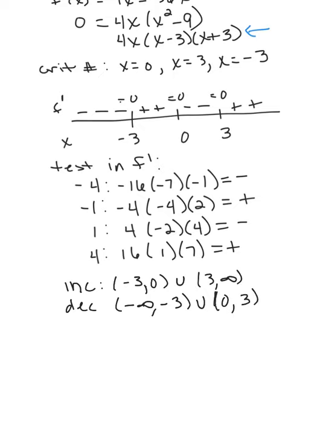And as far as maxes and mins, at negative 3, we are decreasing before it and increasing after it. So we have a relative min at negative 3, negative 76.